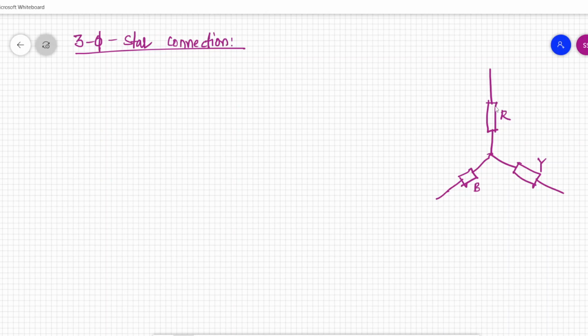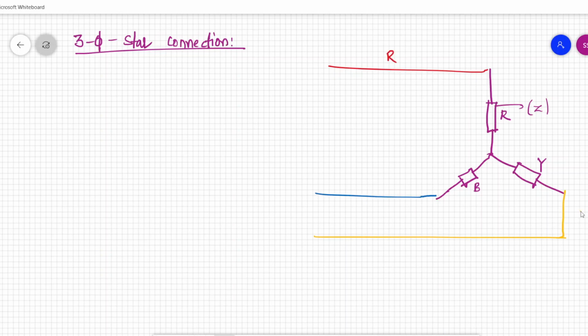This box can contain impedance, it can be R plus jX. So this is star connection, and we are going to supply this with R, Y, B lines. Red color one is R phase, yellow color one is Y phase, and blue color one is B phase. Now we need to observe.